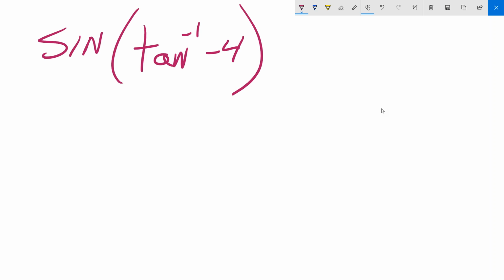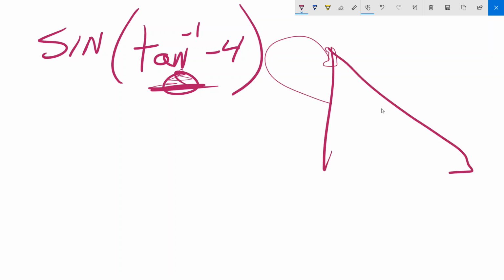Okay, tell me what to do. Okay, what is it? Okay, so let's label it that, just so we don't forget. Now what? And not just draw a right triangle, but label what?